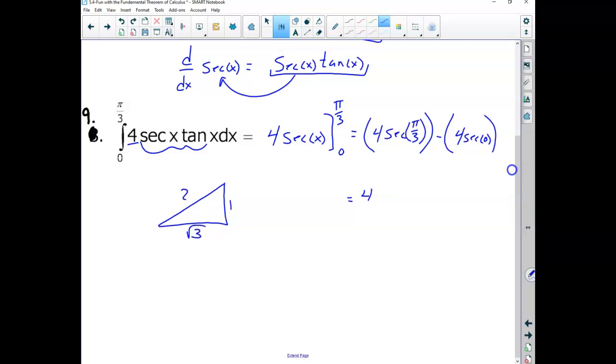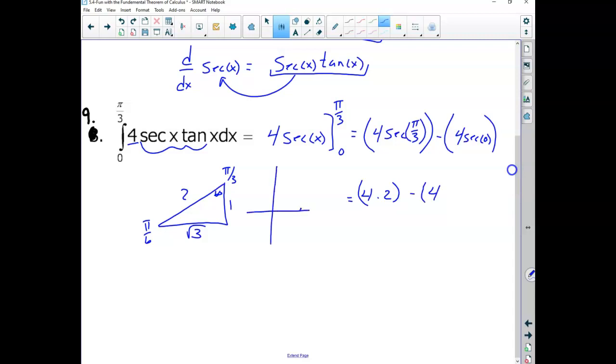Pi over 3 is 60 degrees, so pi over 3 is up here, which means pi over 6 is down here. The secant is the reciprocal of the cosine, so cosine would be 1/2. That means the secant is going to be 4 times 2, minus 4 times the secant of 0.